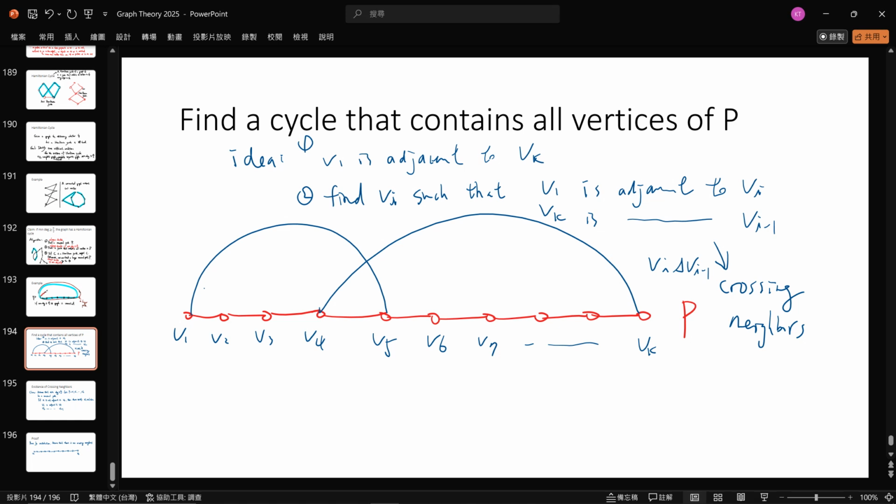Similarly, Vk is adjacent to half of the vertices on the path. So there are lots of incoming edges towards the internal vertices. If there are lots of edges connecting to the internal vertices, then it should be easy to find crossing edges. OK, so if our minimum degree is large enough, then on the left and right sides there should be many edges coming in, and then it is easy to see these crossing edges. There's also one point I haven't mentioned: could some of the edges of the two endpoints go outward?